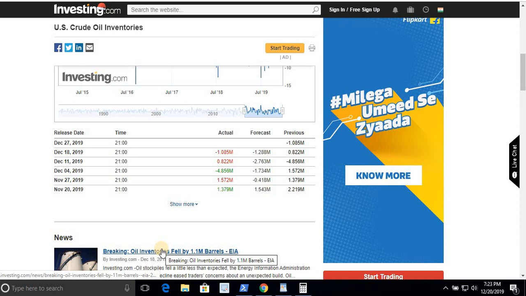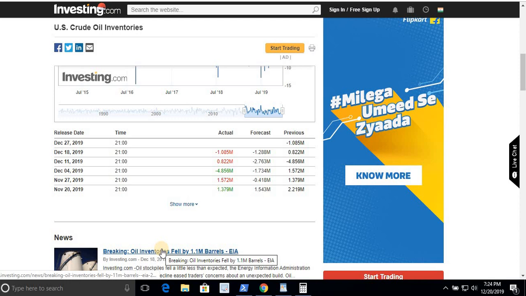The forecast was minus 1.288 million barrels and the actual was minus 1.081 million barrels, which means that, compared with the forecast, they have a good stock. This should ultimately bring down the price. That is why they have shown it in red color. However, the price went up. The forecast and actual is nothing but the people's sentiment. Previous and actual is the correct data.